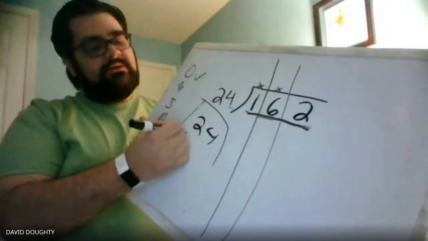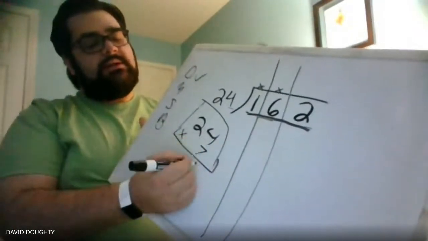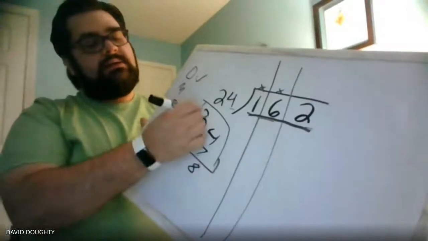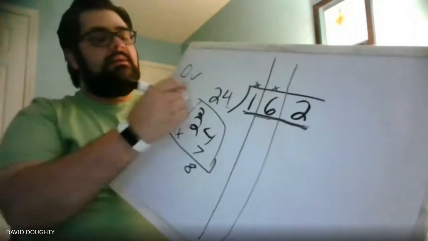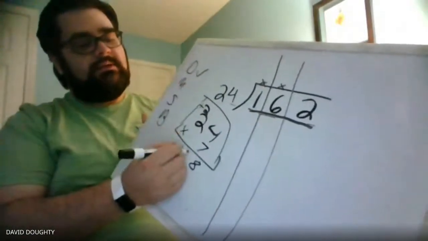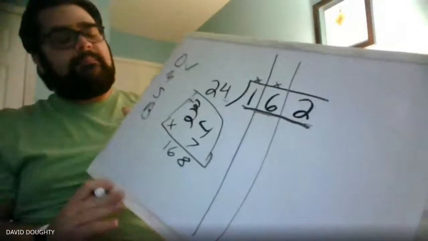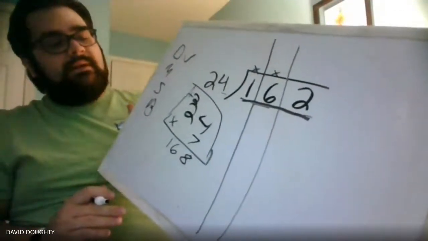Okay, so let's try 7. Let's see. 7 times 4 is 28. Carry my 2. 7 times 2 is 14 plus 2. 14 plus 2 is 16. Uh-oh, guys. Look at that. We still have 168.